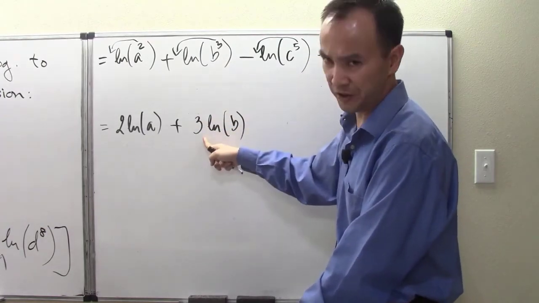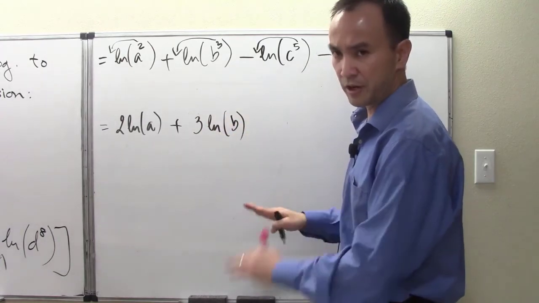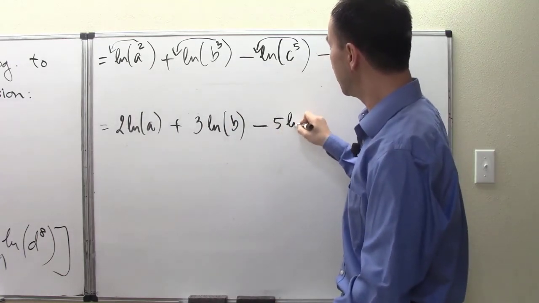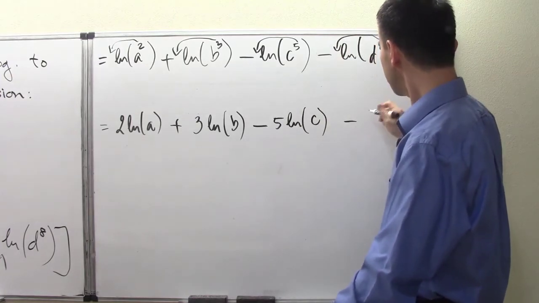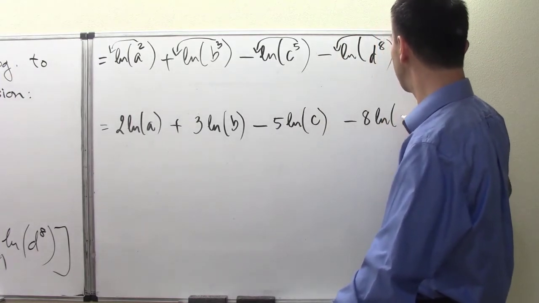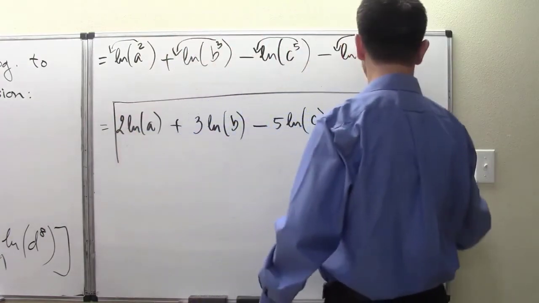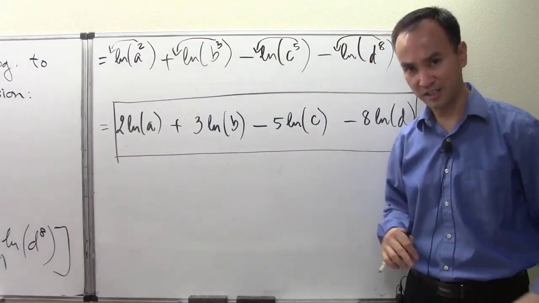Have a coefficient, and it's just power 1 inside a logarithm, regardless of whatever base that is. And now minus 5 natural log of c, and then minus 8 times the natural log of d. All right, and now I've expanded my logarithm from one single log term to multiple log terms.